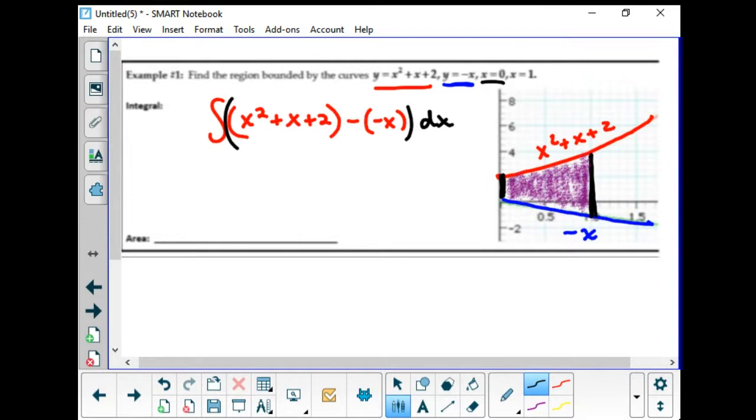And my limits, 0 to 1. Left boundary, right boundary, top, bottom. That's the new part: putting all the pieces together to create the problem that will calculate the integral.